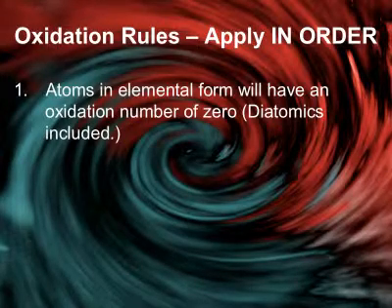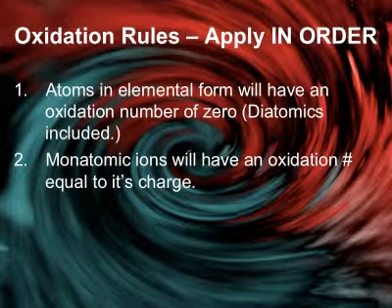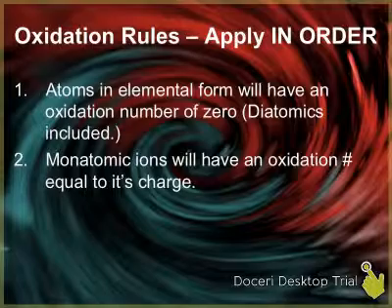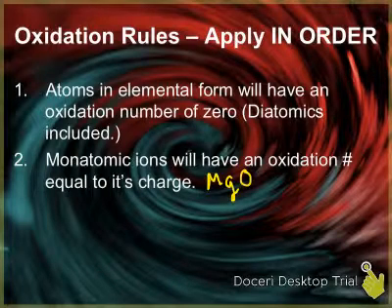The second rule is monatomic ions will have an oxidation number equal to their charge. So this would be like if we're dealing with magnesium oxide. Monatomic, we're dealing with one atom of magnesium, one atom of oxygen. We're not dealing with polyatomic ions.